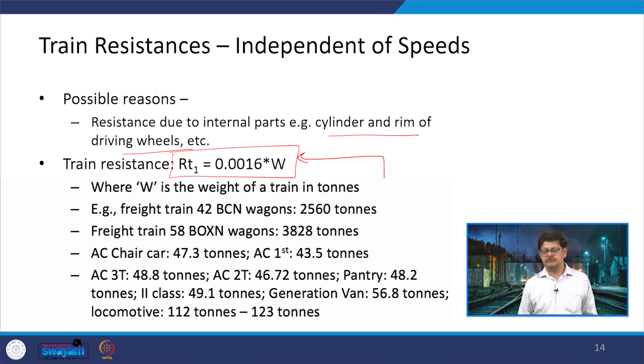Pantry itself can have a load of 48.2 tons. The second class can have 49.1 tons. The generator van can have 56.8 tons, and the locomotive itself can have a weight of maybe 110 or 112 tons to 123 or even more. So, when you take all of these together, you can very easily come up with the values.